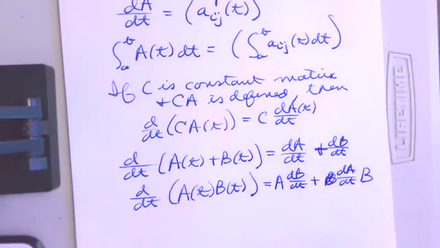And you've got to be careful. Why? Because matrix multiplication doesn't commute. So I started to write B dA/dt. That's wrong. I can't do that, because if I did that, I'm saying basically that the derivative of BA is the same thing as AB, that I can put it in either order. In other words, I'd be saying it's commutative, and it's not.